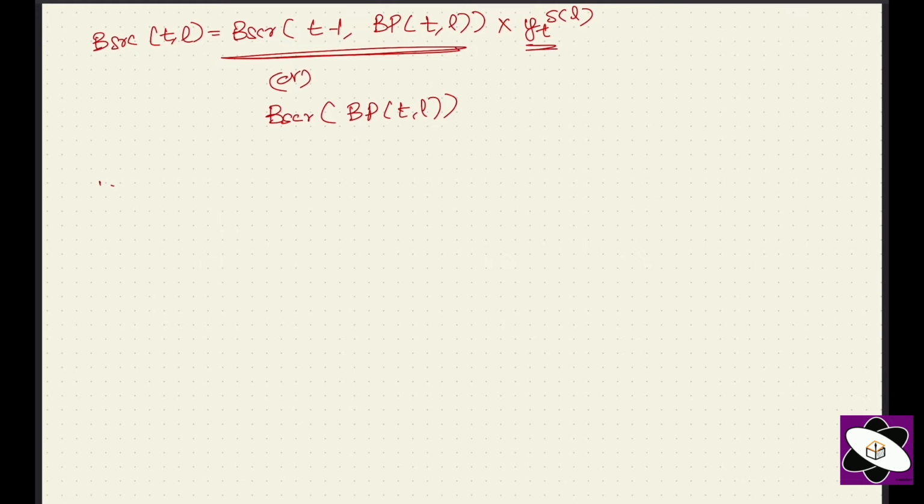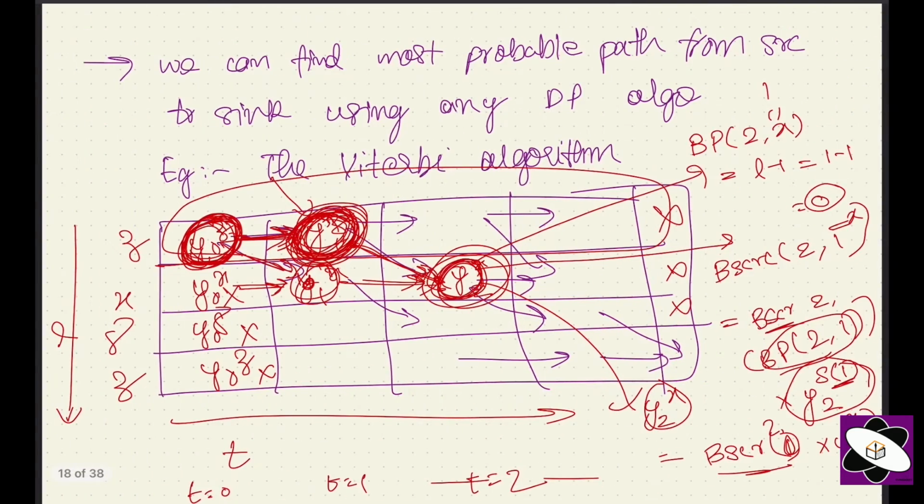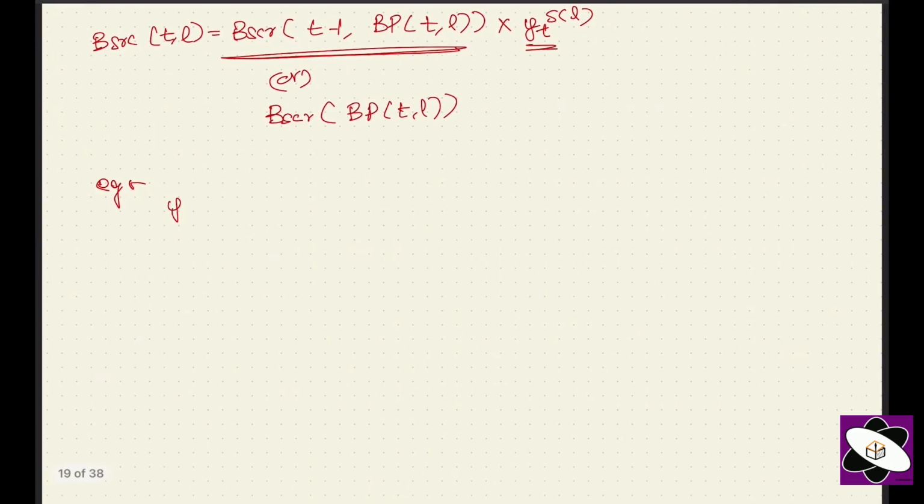Now for example, we take it for this timestamp here. So y2 of x, for that we will calculate b score of t comma l, which is 1. That is nothing but b score of t minus 1, this is t and this is l, t minus 1 is 1, 1 comma bp of t comma l.